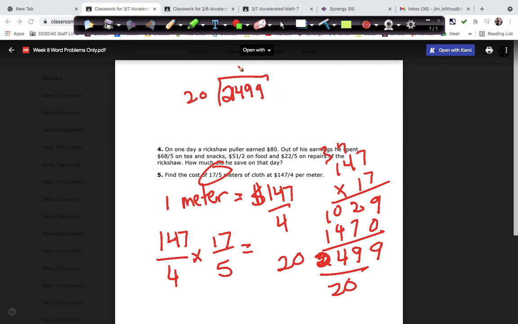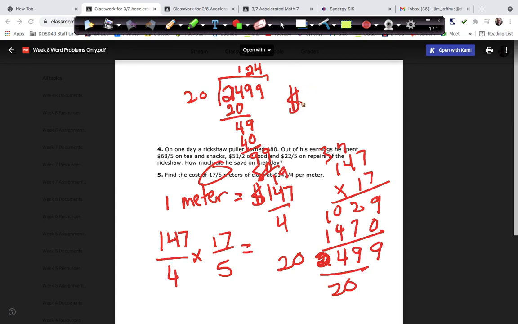And so 20 goes in there once. 24 minus 20 is 4. Goes in here twice. And I bring down this 9. And it goes in here 4 times, with 19 left over.